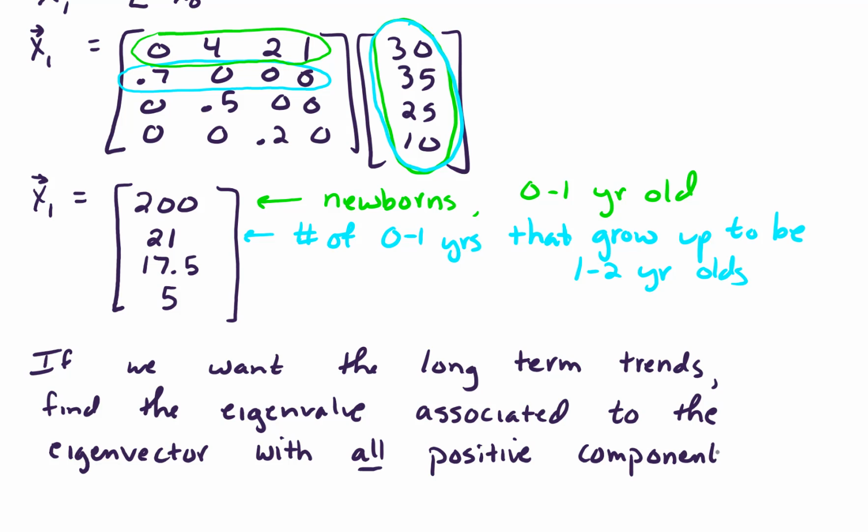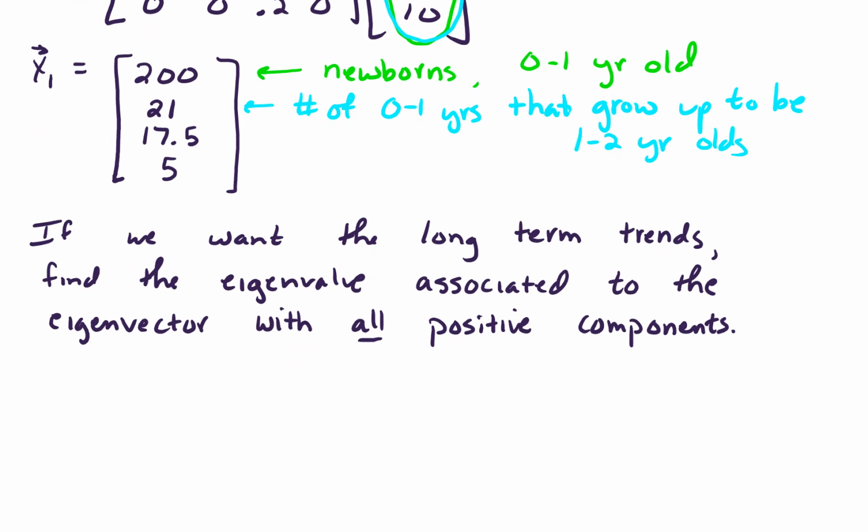Okay, so if we do that, and I won't show the details of doing that, but you could go to MATLAB or other software for that computation. So lambda equals 1.7923 approximately, and the eigenvector associated to that particular eigenvalue looks like the following.